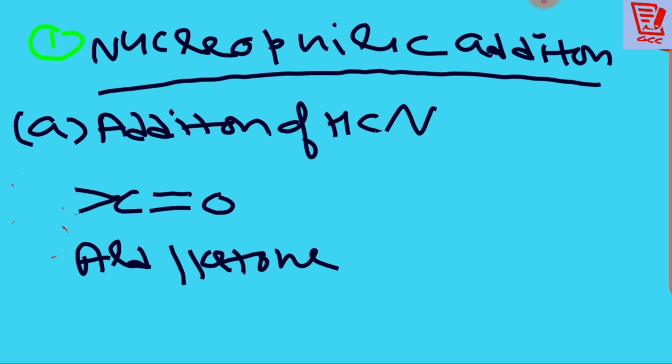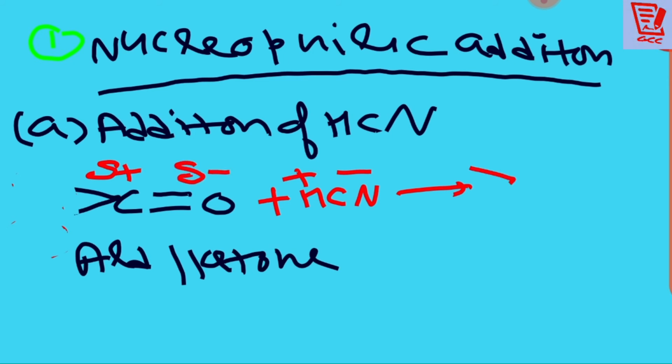So when we are giving its reaction with HCN, you please see H positive, CN negative. CN negative is a nucleophile. On the carbon there is a positive, on the oxygen there is a negative. Then the product will be: CN negative will attach directly to the carbon, and this becomes OH.